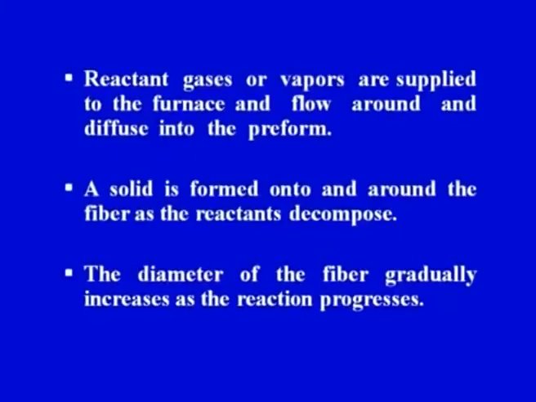Other aspects related to the fundamentals of CVI application in case of ceramic matrix composites: reactant gases or vapors are supplied to the furnace. The last point in the previous slide was that we have a porous or fibrous preform placed in a furnace. In this furnace, the reactant gases or vapors are supplied, and these flow around and diffuse into the preform.